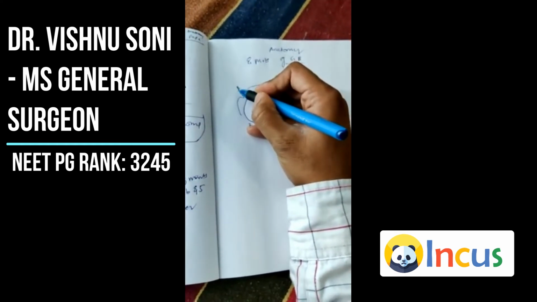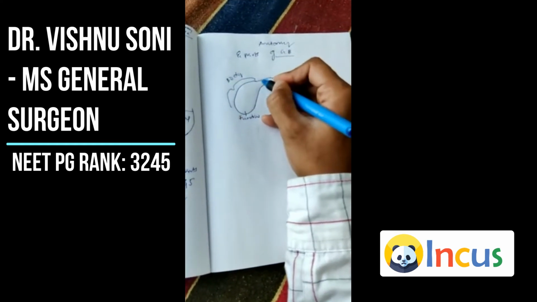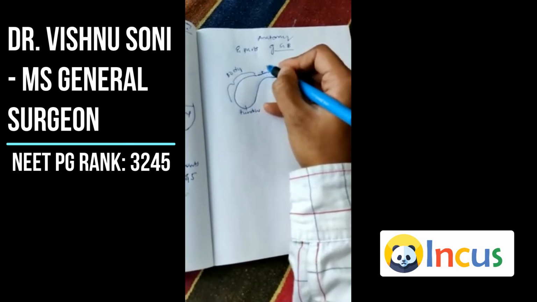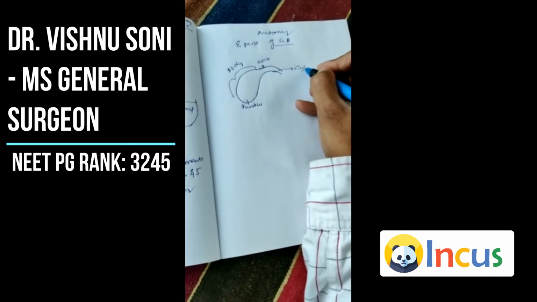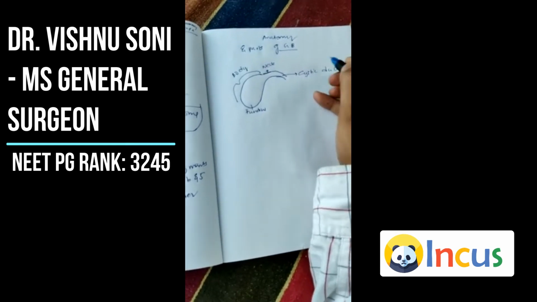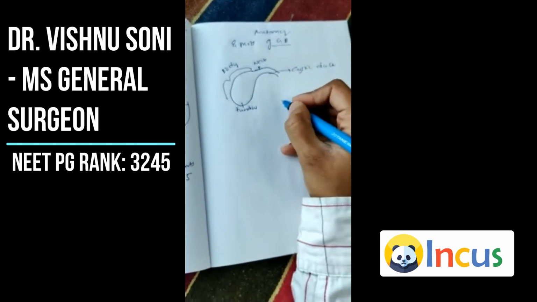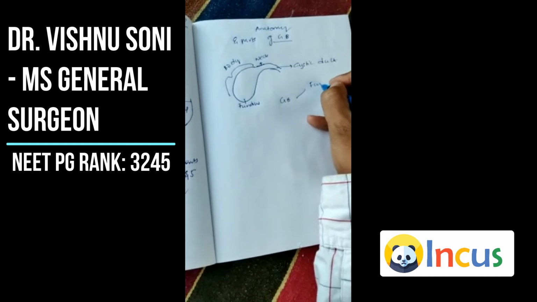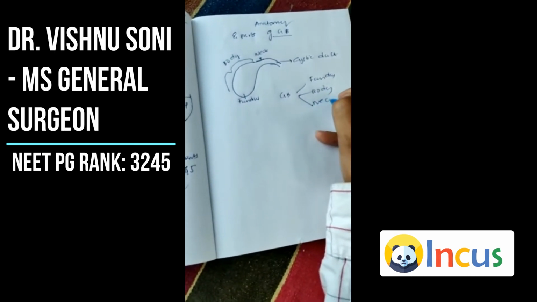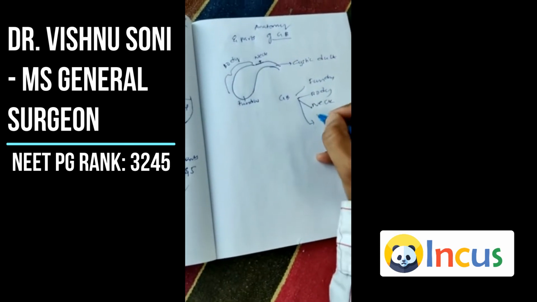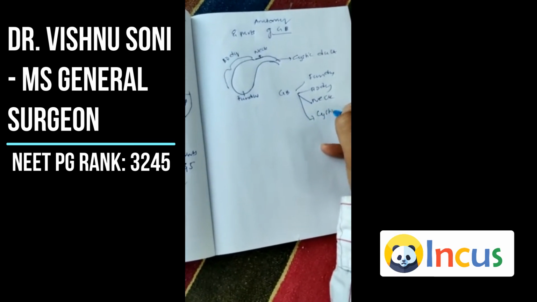This whole is body. This short part is neck and the remaining part is cystic duct. So your gallbladder is mainly divided into fundus, body, neck, and the last part is cystic duct.